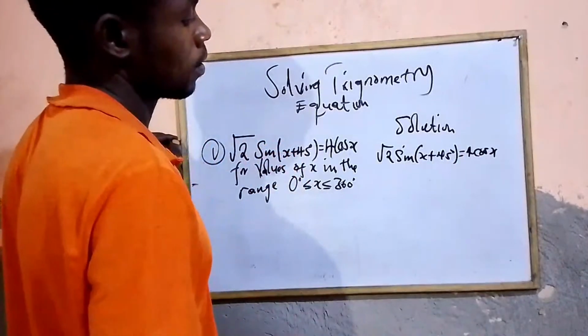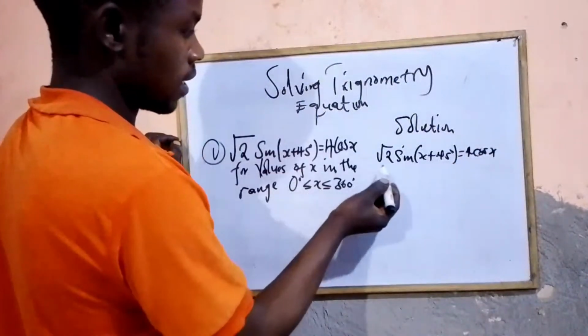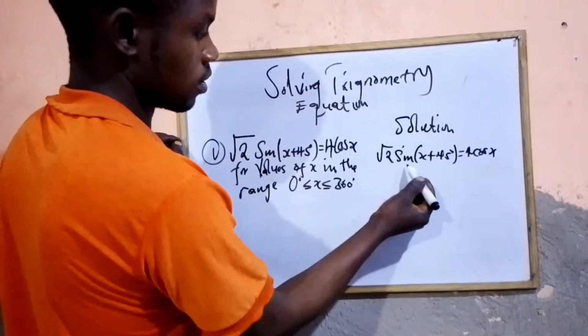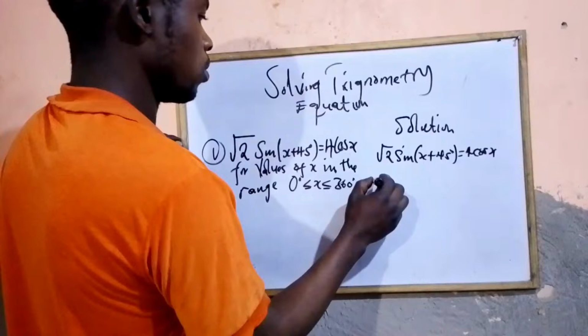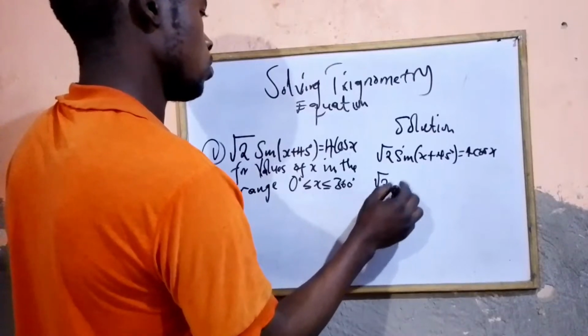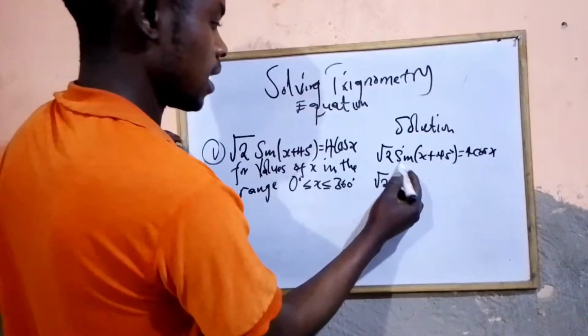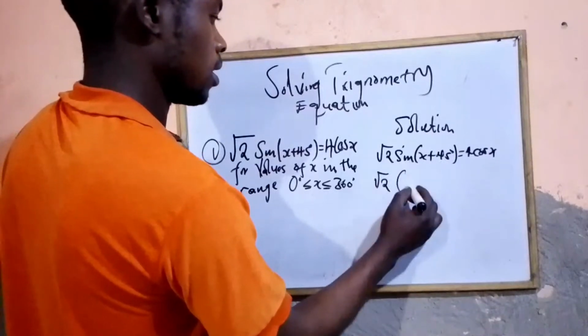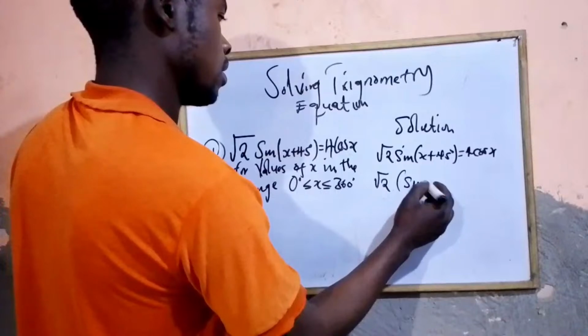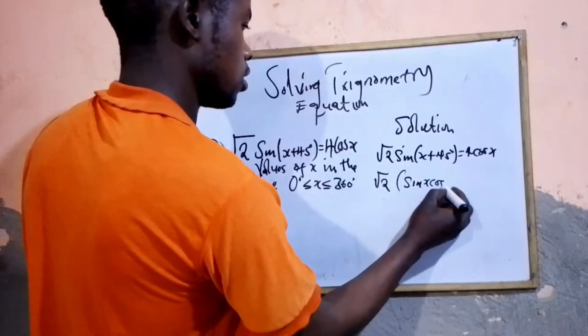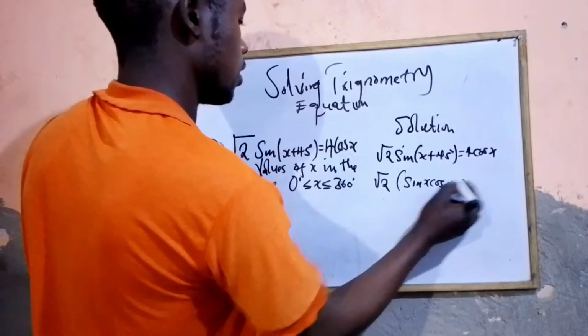If you can see, this square root is not together with the sine, so we say root 2, then open the bracket: sine x, then cos 45 degrees.